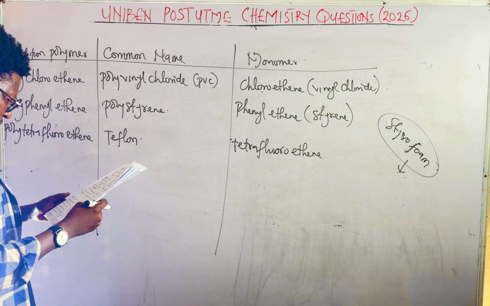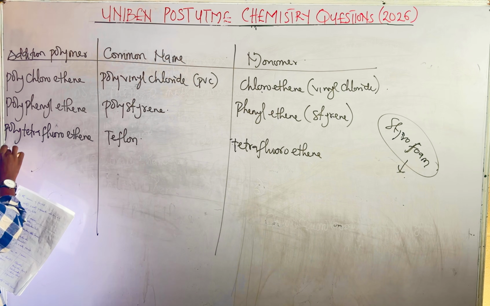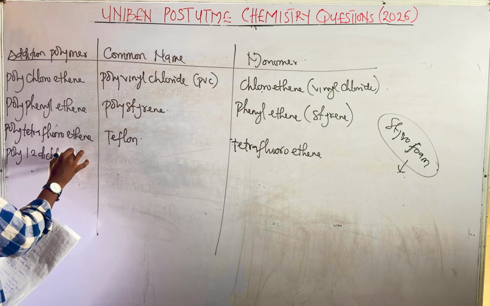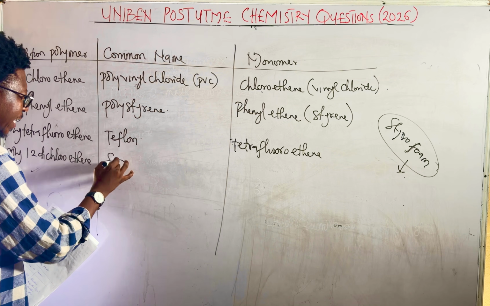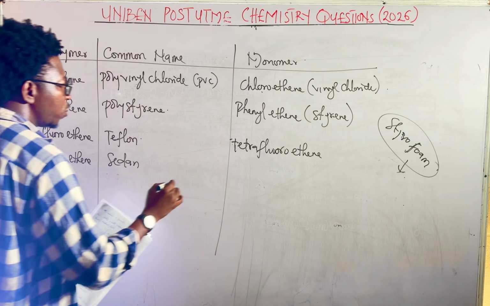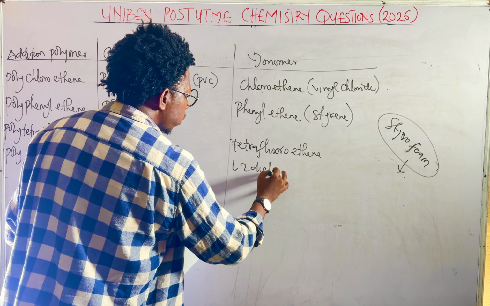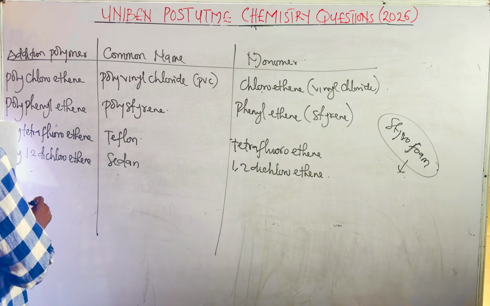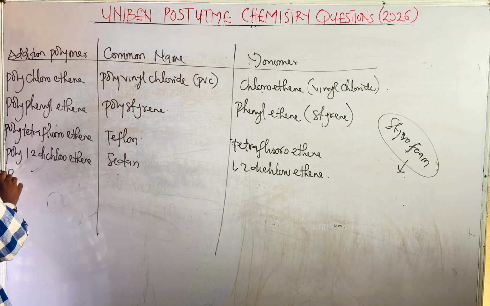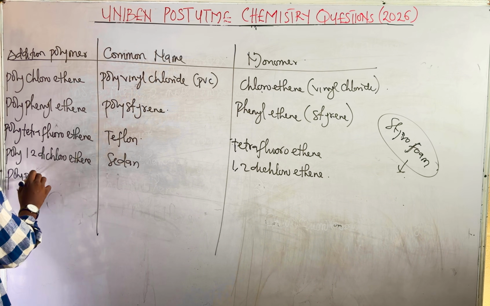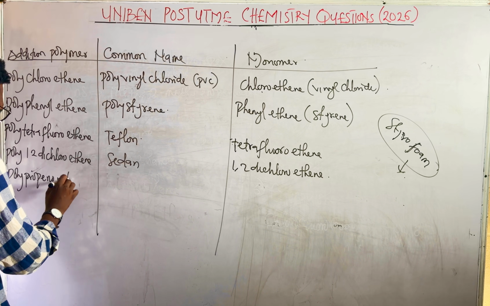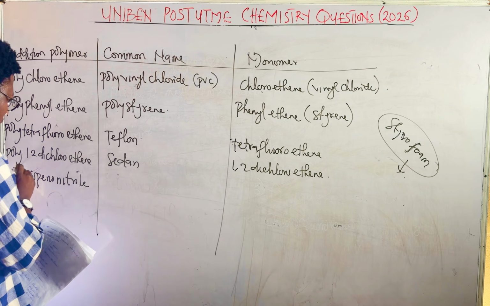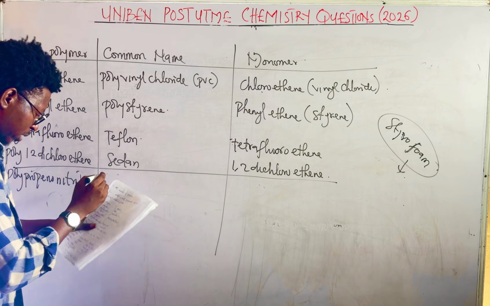And the next you should take note of is poly-1,2-dichloroethene. The common name is Saran. So the monomer is 1,2-dichloroethene. Then the next we are going to look at now is polyacrylonitrile. It will have different names.